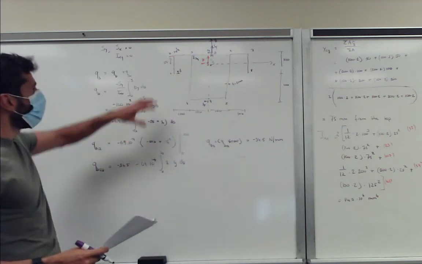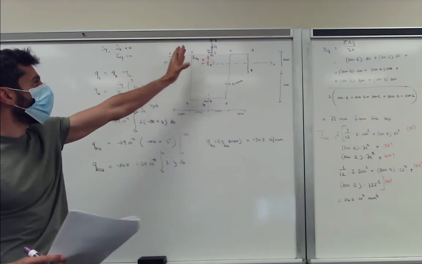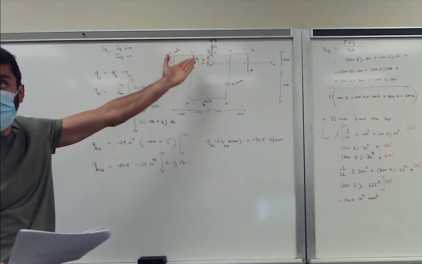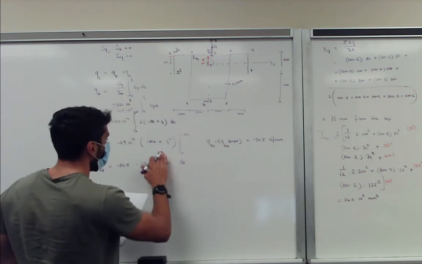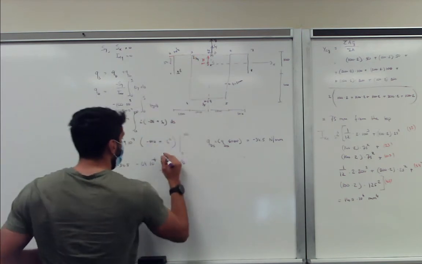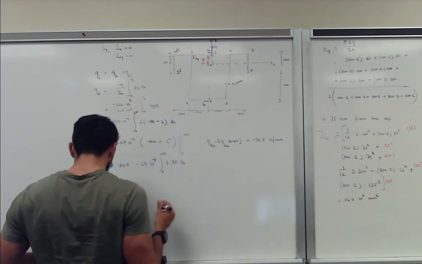In this case, if we move along segment 2-3, y remains constant at 75, so y is equal just to 75. We can plug in the bound as well, since segment 2-3 is 100, so 2 times 75.